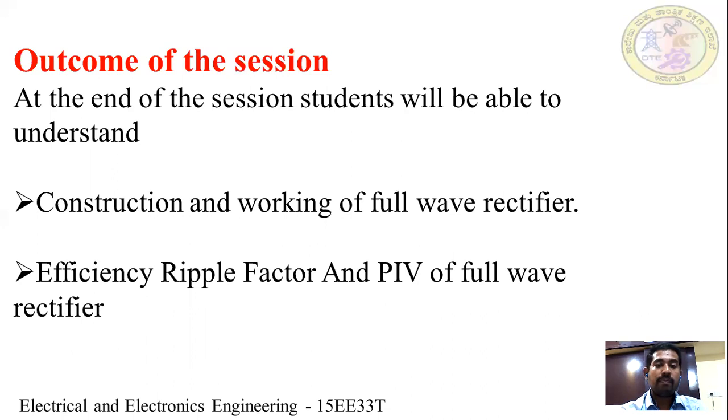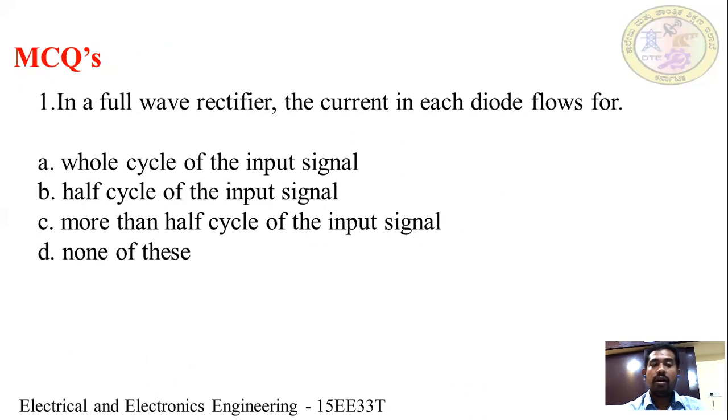Let us go for MCQ questions, that is multiple choice questions. The first question: in full wave rectifiers, the current in each diode flows for, option A, whole cycle of the input signal; option B, half cycle of input signal; option C, more than half cycle of input signal; option D, none of these.